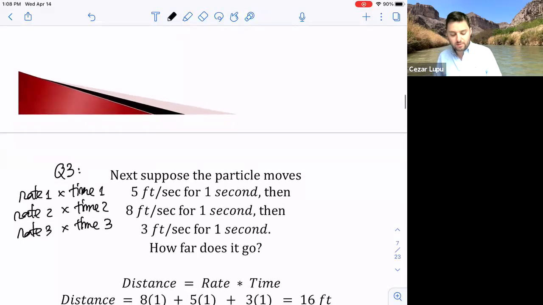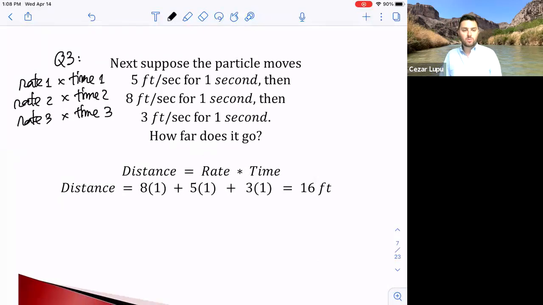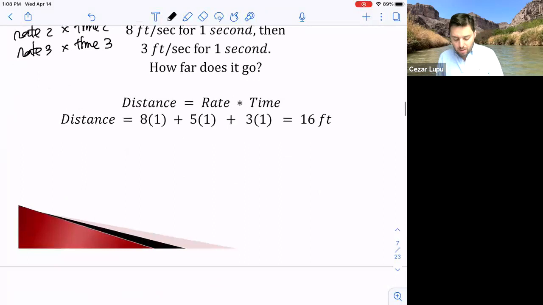So the distance is rate times time, and of course, it will be 16. So it's 5 times 1 plus 8 times 1 plus 3 times 1, which is 16, right? All right, great. Let's extend our experiment a bit.